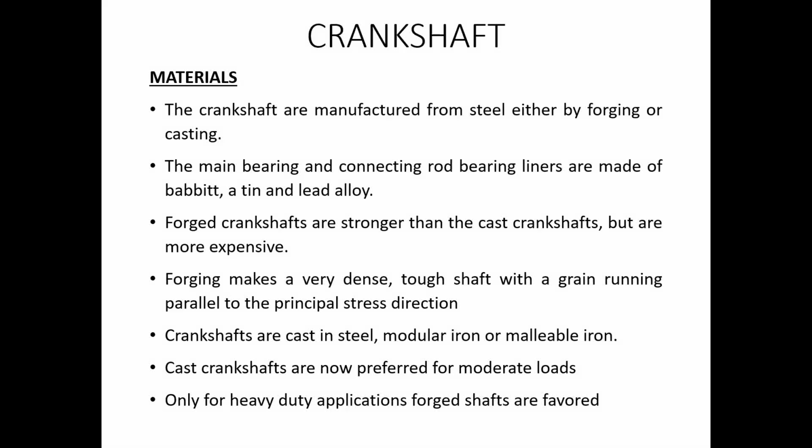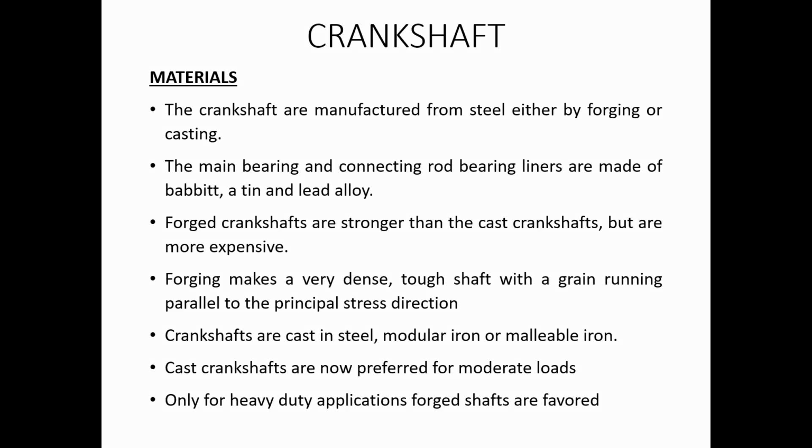And it makes the material very dense, because the grain structure of the material that undergoes forging becomes very dense as the grains come very close to each other and reach a stage where further deformation of the material cannot take place. So it is very dense and tough.